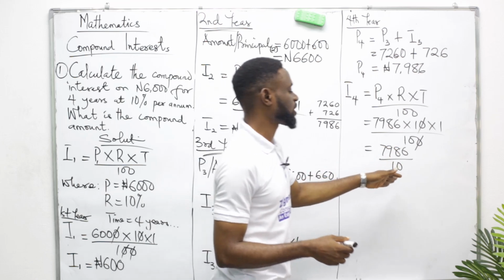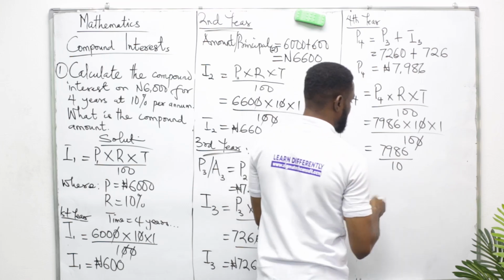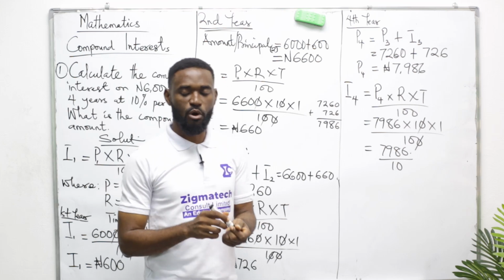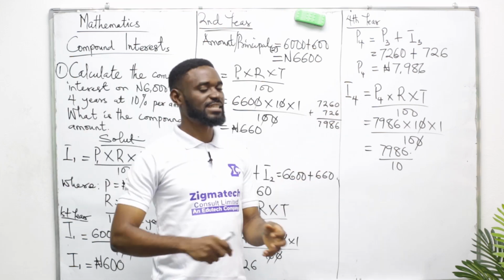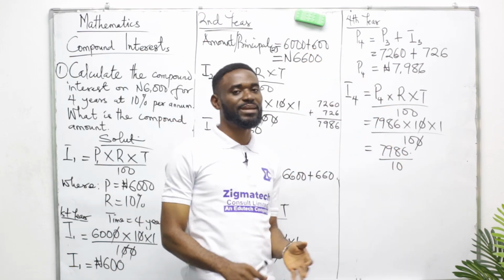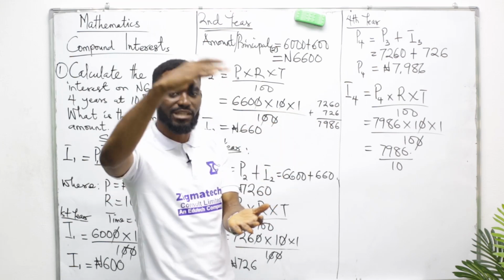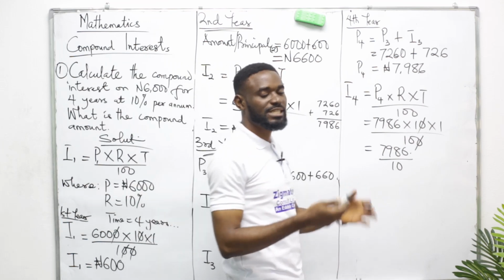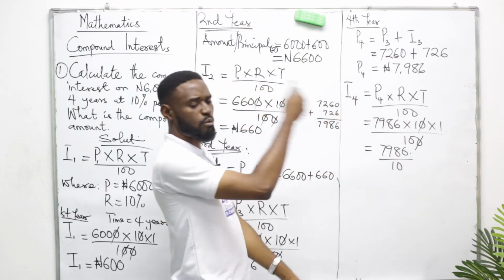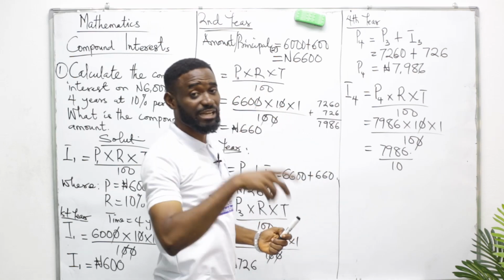This is a division by a multiple of 10. We have a decimal point here that is invisible. Remember, every number without a decimal point has an invisible decimal point at the end of that number. Once you divide by any multiple of 10, that is 10, 100, 1,000, 10,000 and so on, the decimal point is moved backward depending on the number of zeros in that multiple of 10.